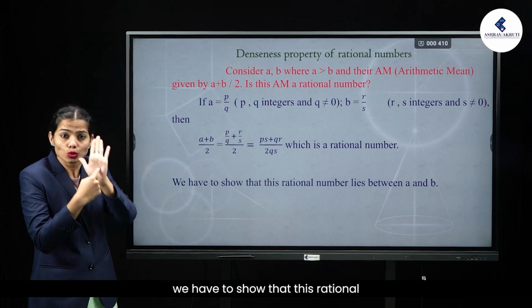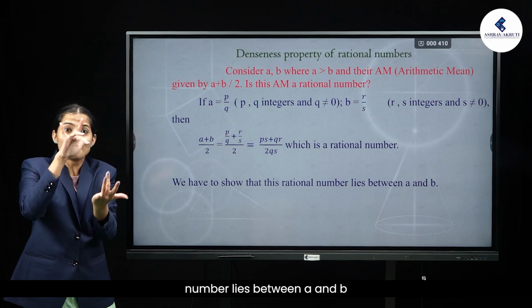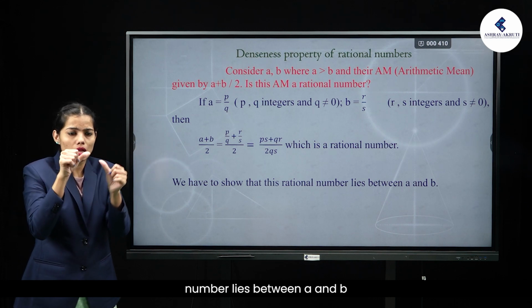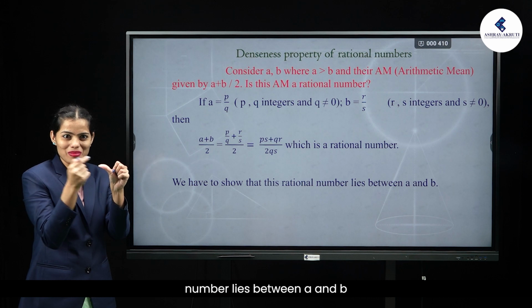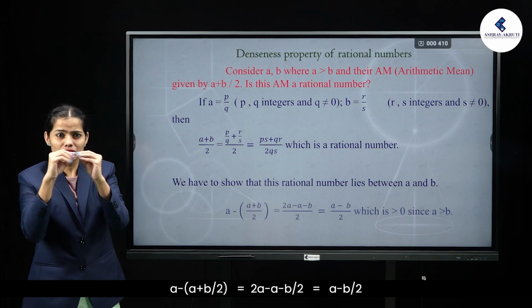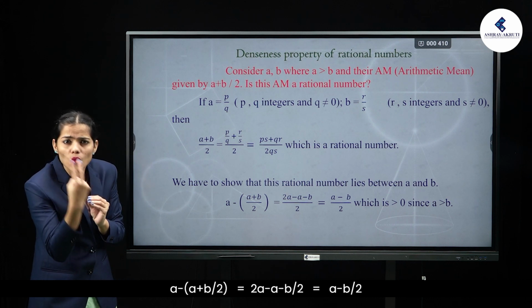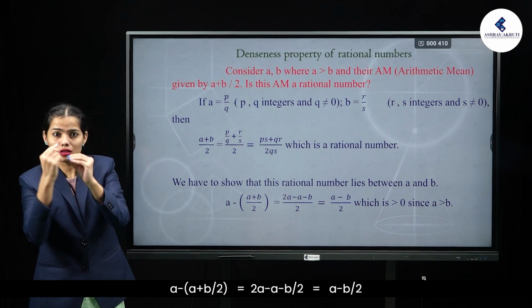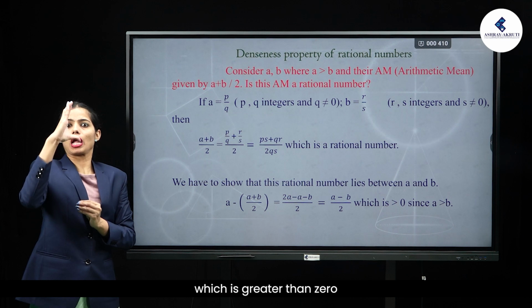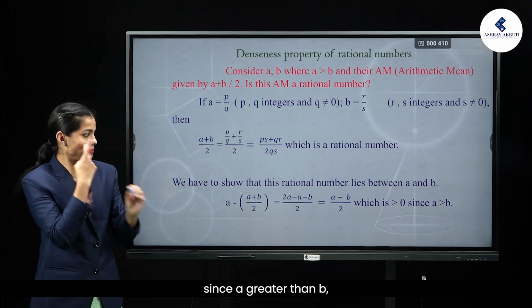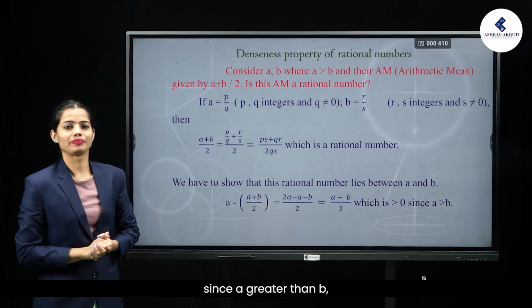We have to show that this rational number lies between a and b. a minus (a + b)/2 is equal to (2a - a - b)/2 is equal to (a - b)/2, which is greater than 0 since a is greater than b.